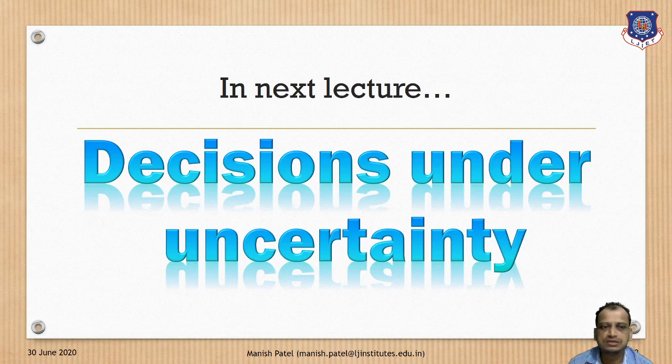We will look into different models. There are 4 to 5 models to solve this kind of problem of decisions under uncertainty. We will look in detail, one by one, at each problem, and there are certain methodologies and algorithms involved in these methods, like minimax, maximin, the Laplace criterion, Hurwitz, and maximax.